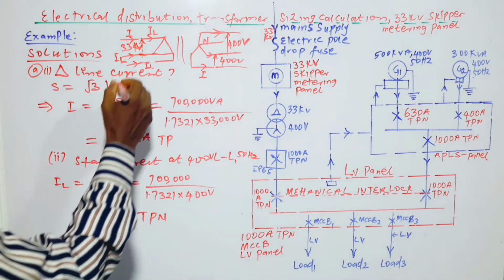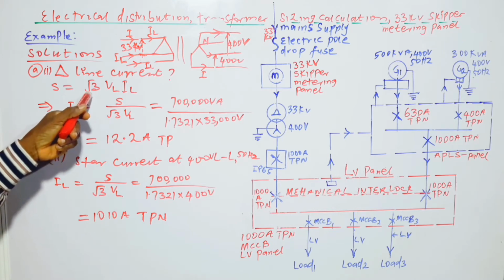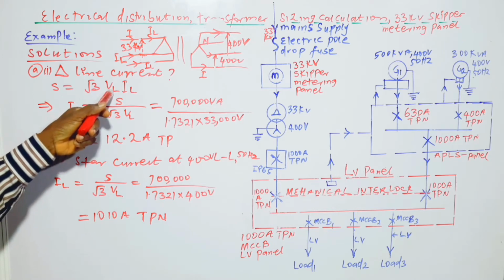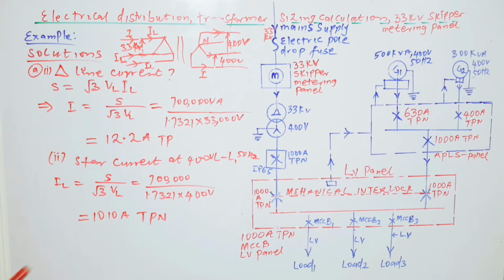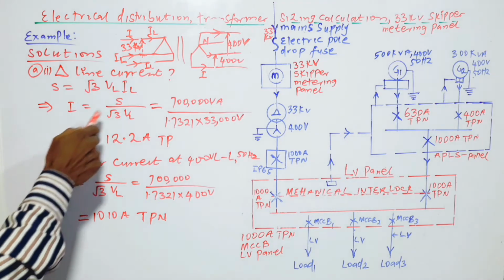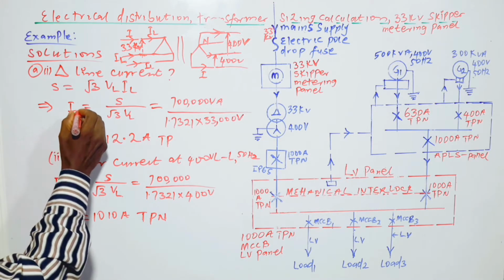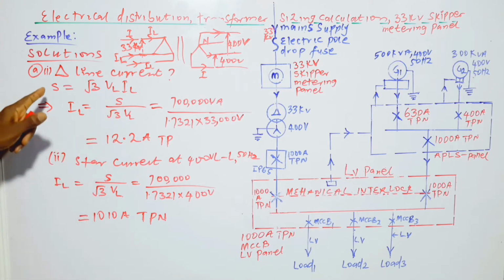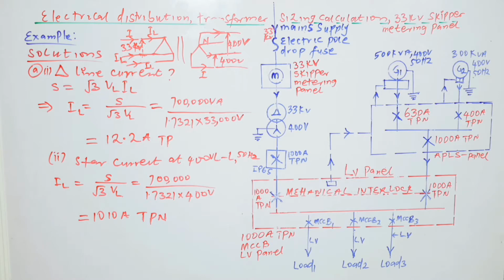33 kV. So if the line voltage is 33 kV according to the question, now the apparent power is equal to square root of 3 times line voltage times line current. So from there we have I line. I line is equal to S divided by root 3 times VL.